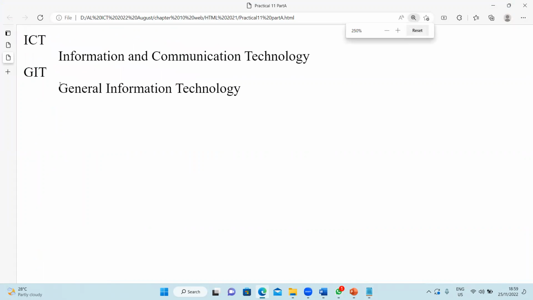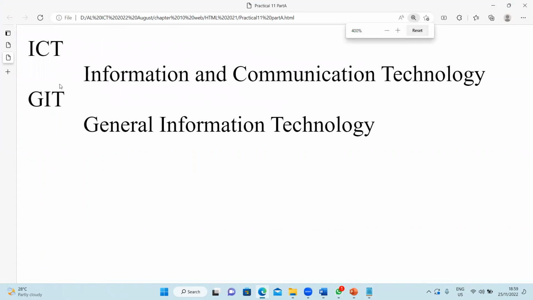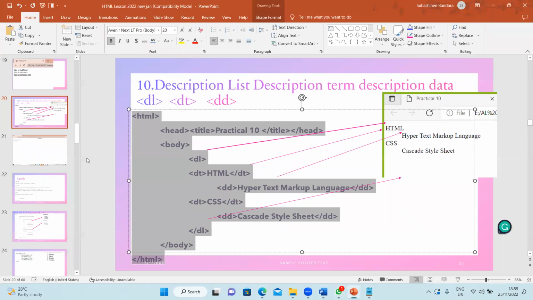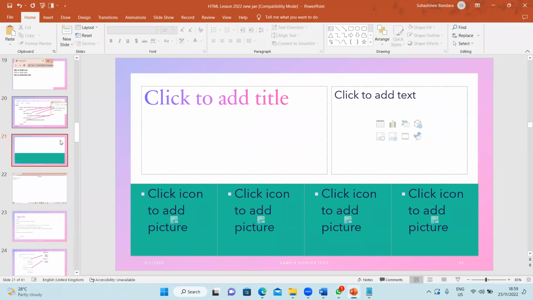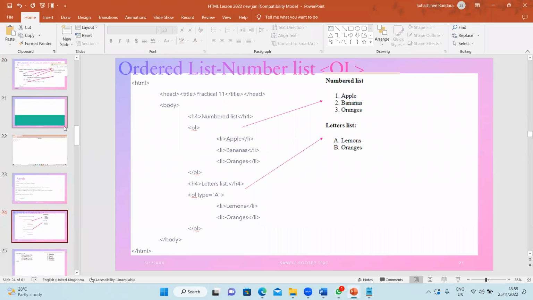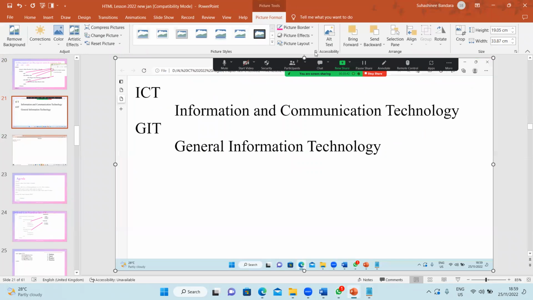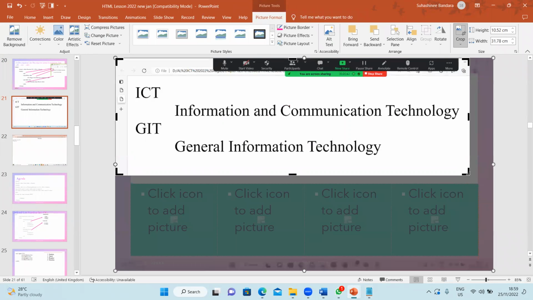Just have a look at how it will display on the screen. Okay, so it will display like this. Shall we try this one? This is the output. You must create this output with the help of your own coding.